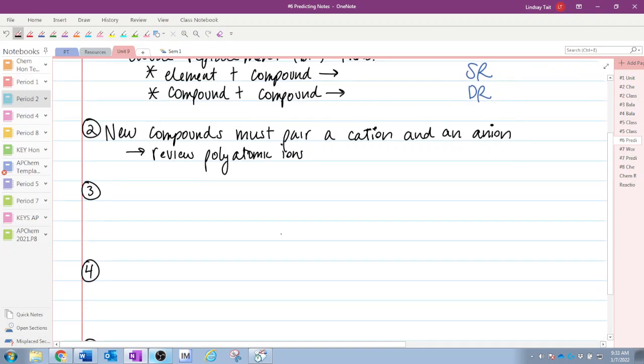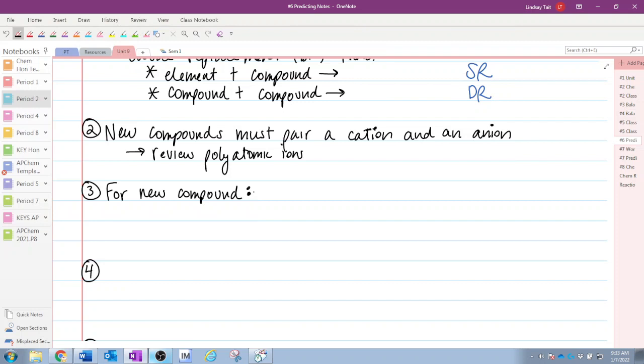once you know what's going together, the next step is writing the correct formula. In these types of questions, if you are making a new compound, every compound that you will make in these single and double replacement reactions will be ionic compounds. And so your job, once you know what you're putting together, is to get the correct subscripts.